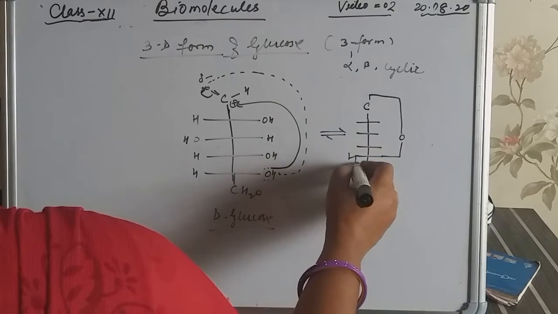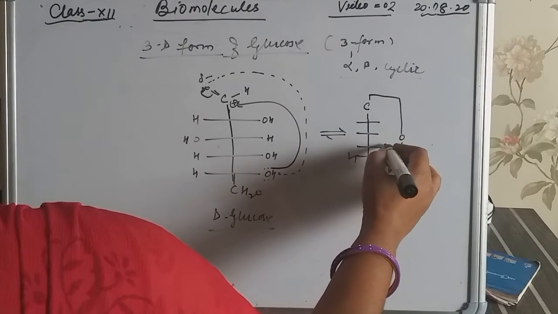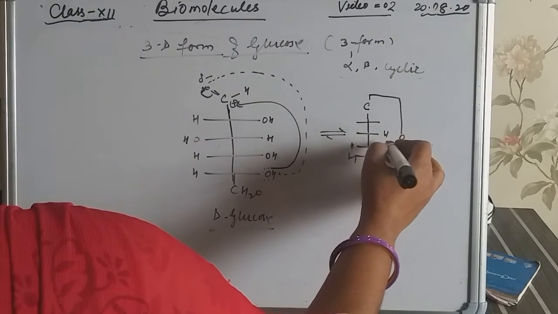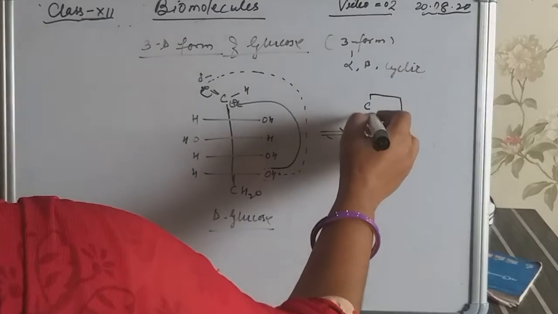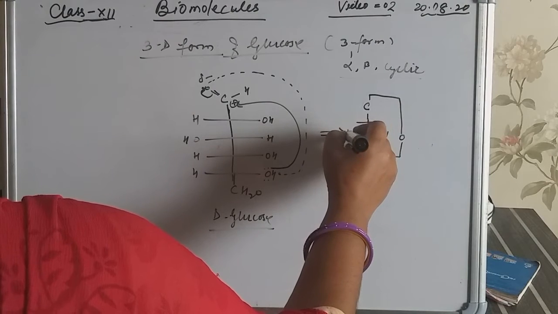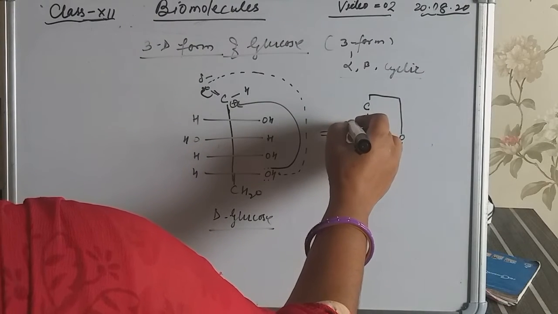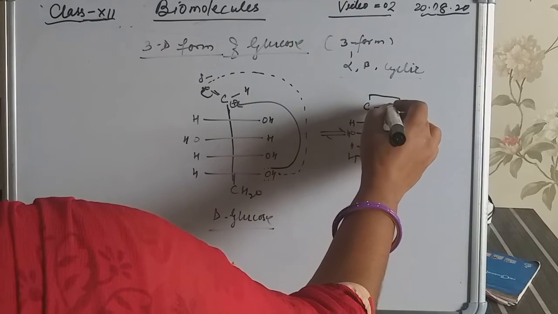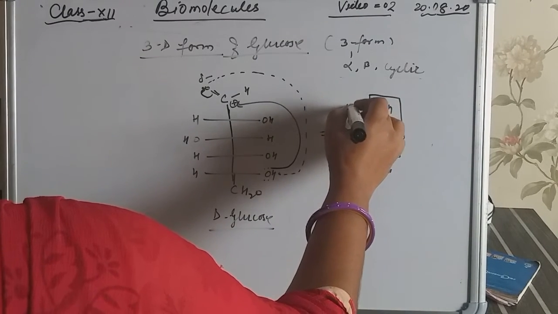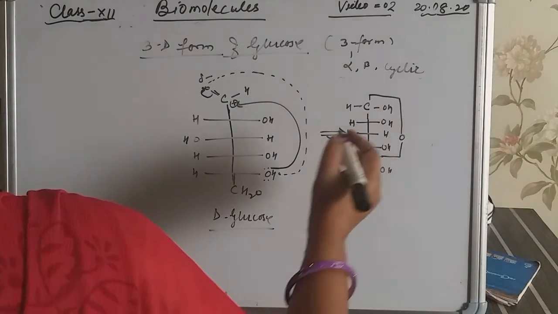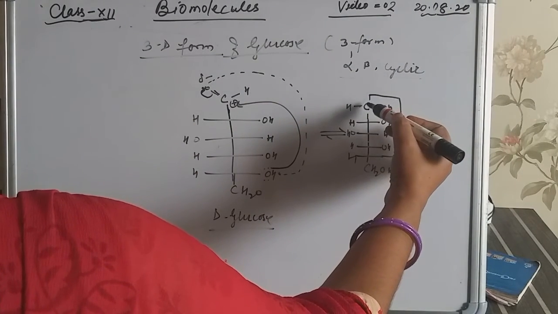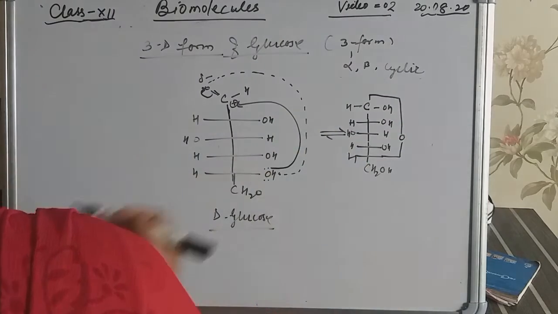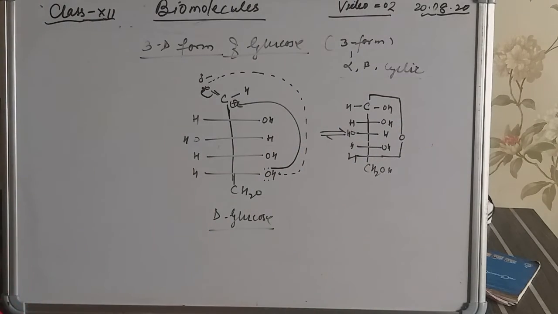Here is the H and here is the OH, again H; at positions 1, 2, 3 the OH is present, and here is H, OH, OH and H. So the total number of chiral carbons is again 4.